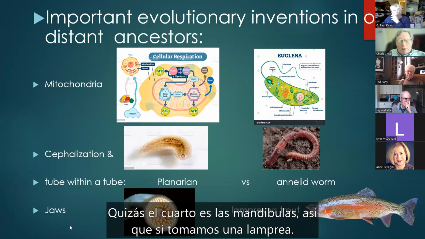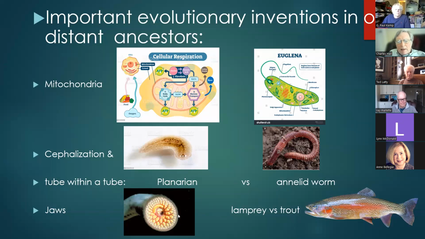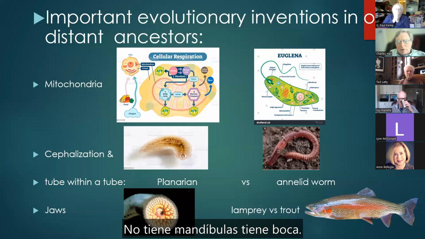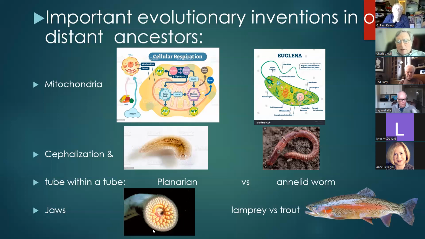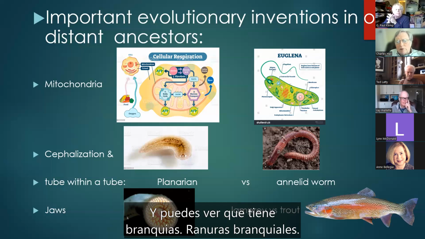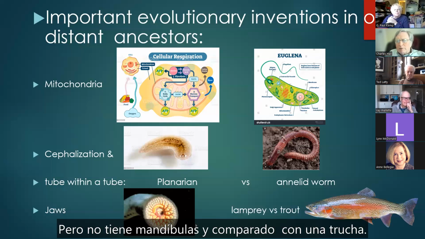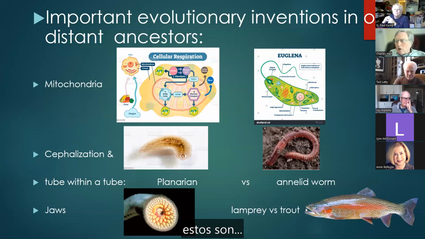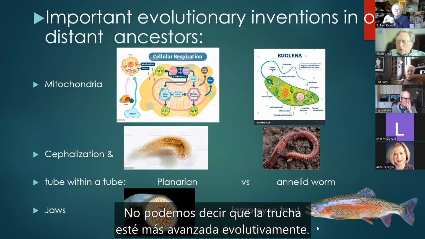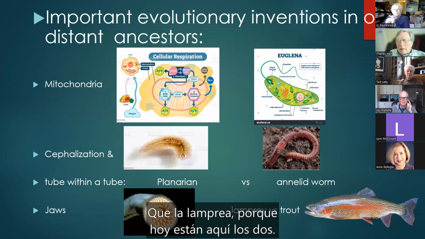And maybe the fourth is jaws. So if we take a lamprey, it has no jaws, it has a mouth, and you can see it has gills, gill slits, but it doesn't have jaws. And you compare that with a trout, and we can't say that the trout is more evolutionarily advanced than the lamprey because they're both here today.